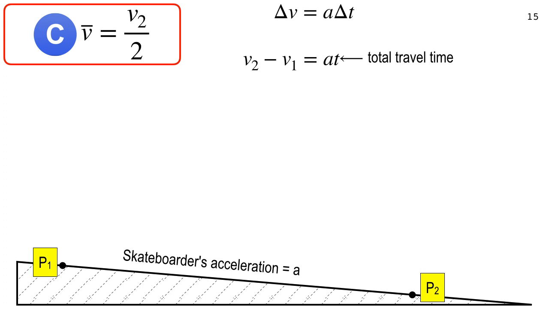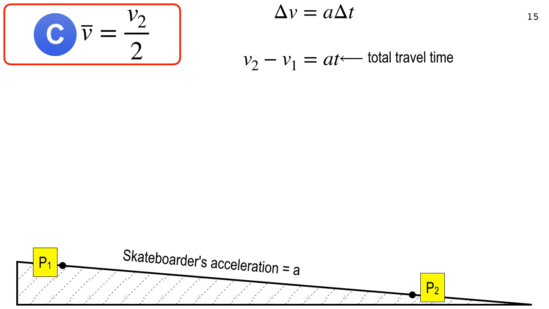Now delta V equals A delta T. That formula tells you, and you might want to write this down again, the amount of speed, delta V, that you acquire under acceleration for a certain elapsed time, delta T. Okay? If you're accelerating, you're either gaining or losing speed.